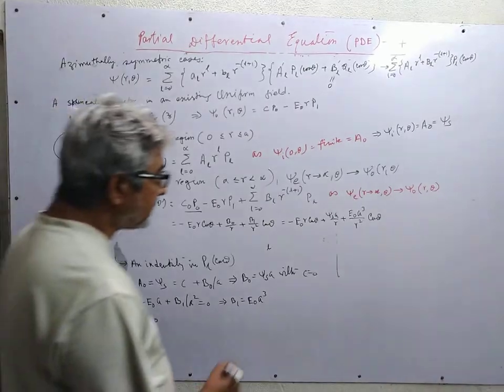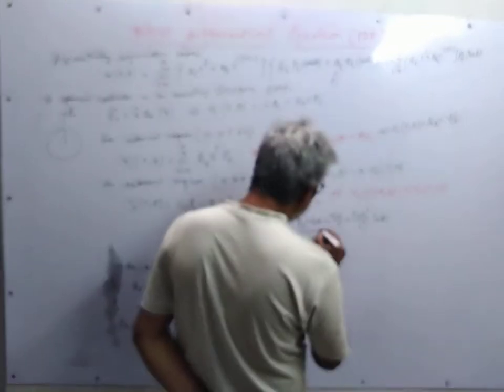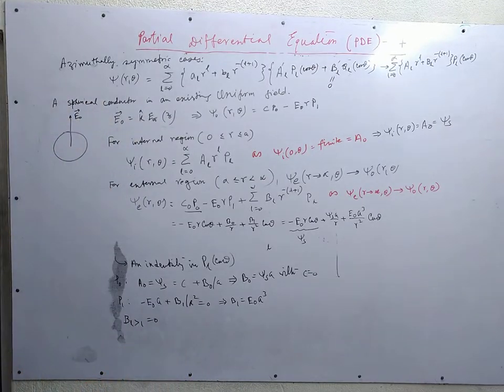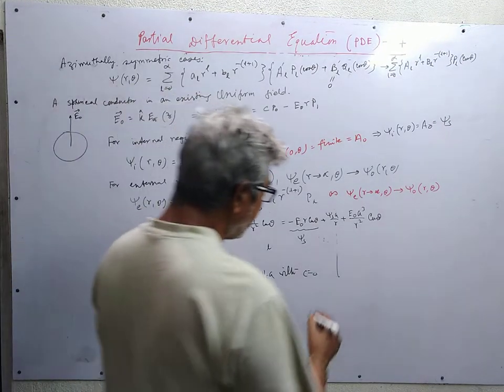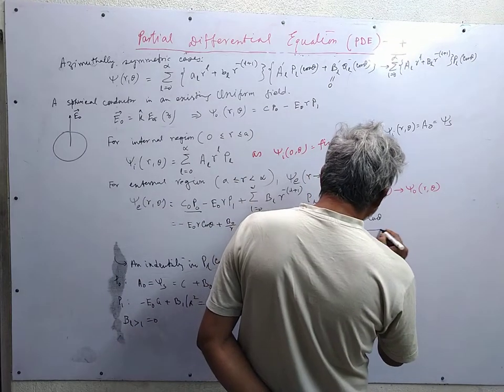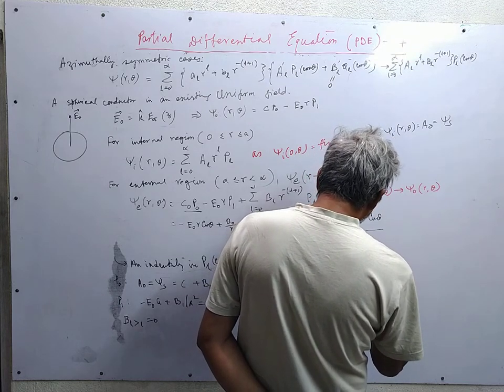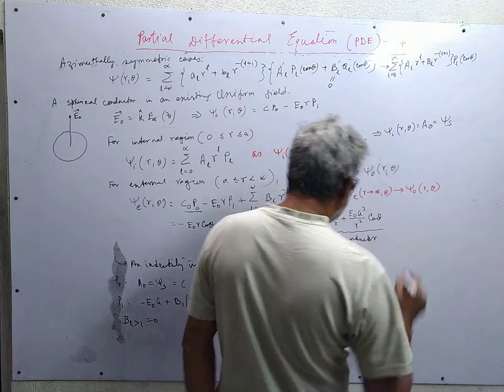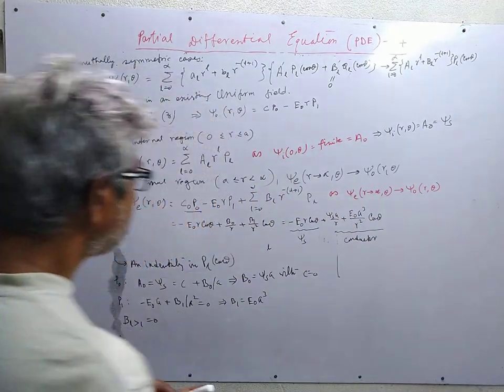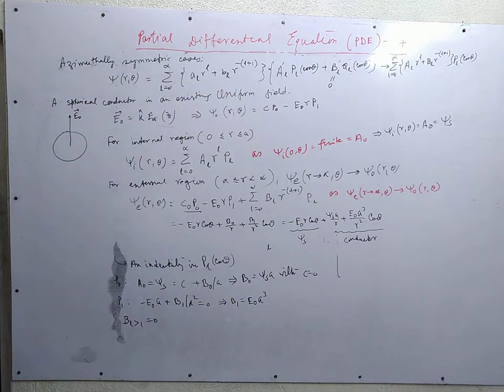Now recall that this is the potential corresponding to the existing electric field, and this is the potential for the outer or external region corresponding to the conductor. Up till now we have obtained the solution without going into the physical situation.